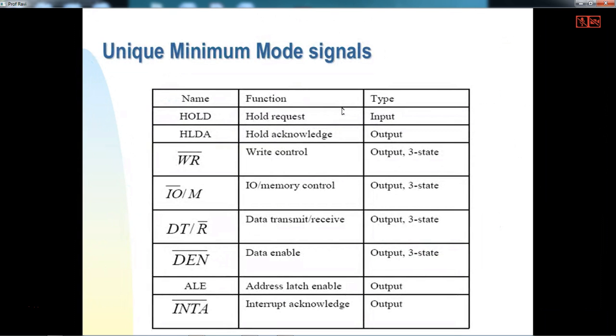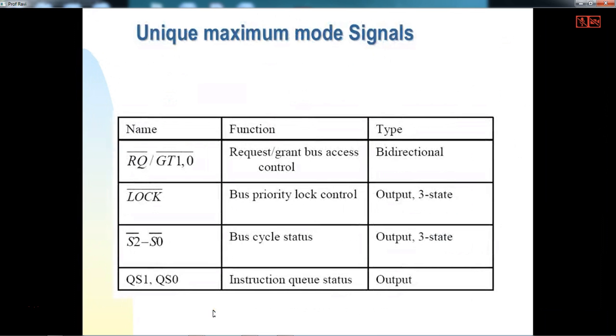So these are the minimum mode signals which need to be generated, and these are the maximum mode signals. Here you have request and grant, for bus access control: RQ bar GT1.